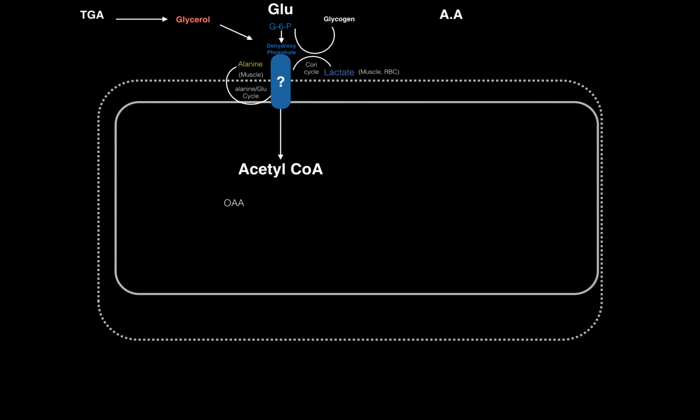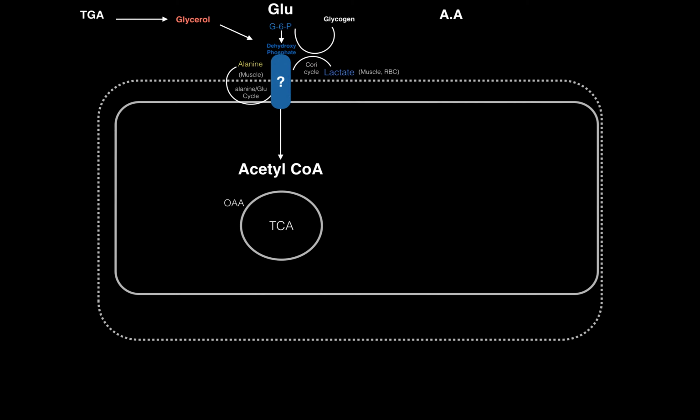Because we need to remove 1 carbon in the form of CO2, and we keep the acetyl-CoA, which is 2-carbon. In order to start the TCA cycle, we need another carbon source, which is oxaloacetate. Oxaloacetate is a 4-carbon molecule, okay?